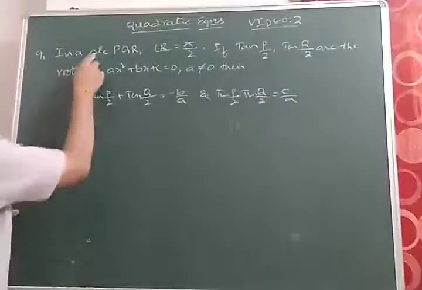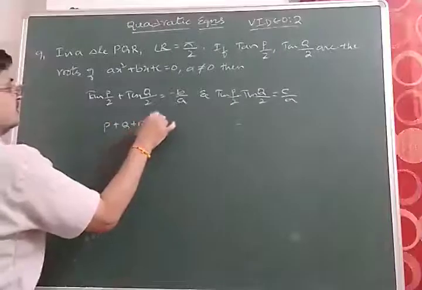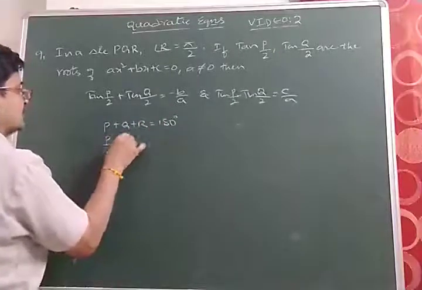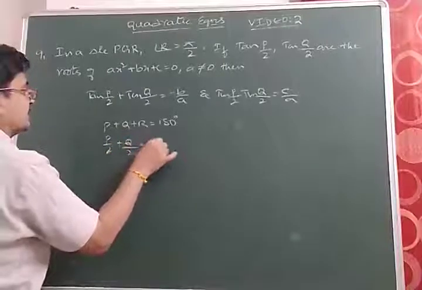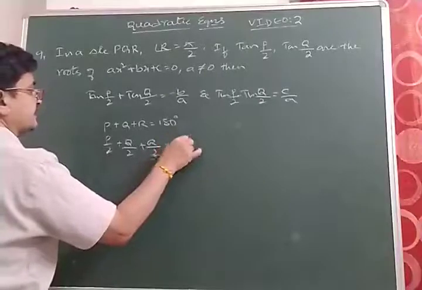And we know that in triangle PQR, p plus q plus r is equal to 180 degrees. p by 2 plus q by 2 plus r by 2 is equal to 90 degrees.